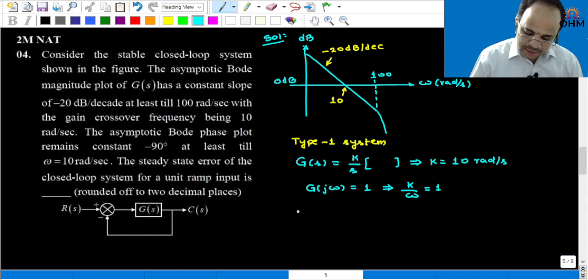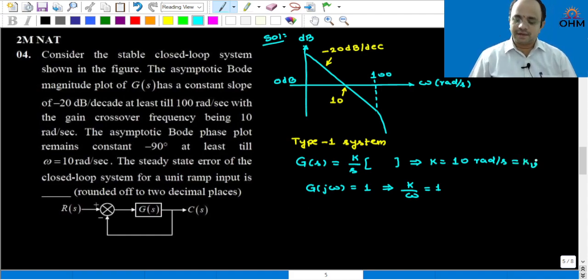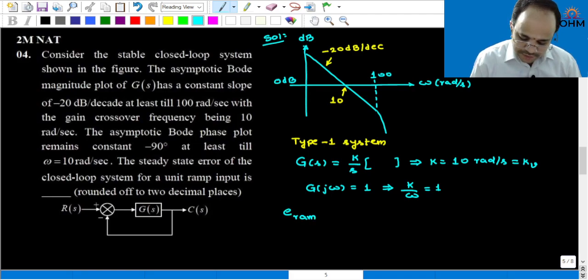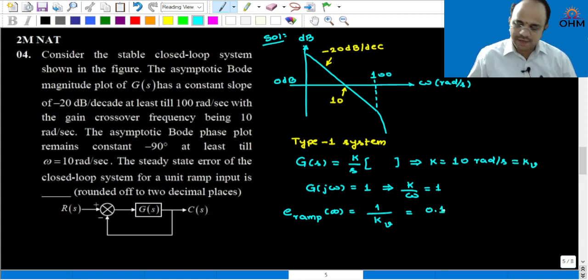Now this k, you can also consider as kV, the static error constant. Why? Because kV is simply limit s tends to 0 of s into G of s. So that s will cancel out and finally kV is equal to k. Now under this condition, what is the steady state error for a unit ramp input? That value will be 1 by kV, as k is equal to 10, so 0.1.